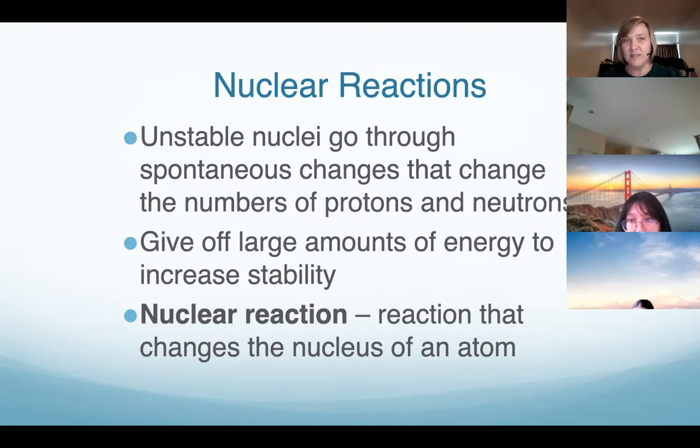After that, they're unstable, so we go into unstable atoms, which go through nuclear reactions. So there's going to be different versions depending on what the nucleus does to make itself stable. I think that's the next section, which I'll talk about later. But a nuclear reaction is any reaction that changes the nucleus.